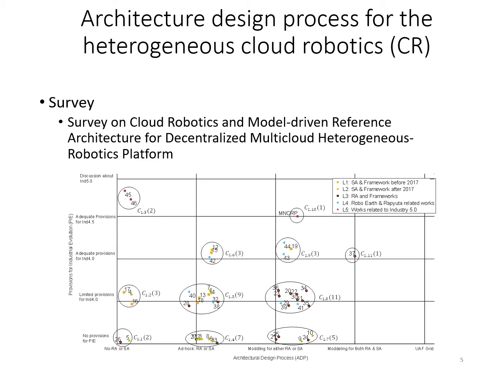You can identify that none of the solutions focus on UAF grid, and also none of the solutions provide adequate provisions for the industrial evolution, except our solution. Almost half of the products do not provide adequate modeling for the reference architecture or system architecture, and only one of the other half of products provides either modeling for the reference architecture or system architecture up to some level.